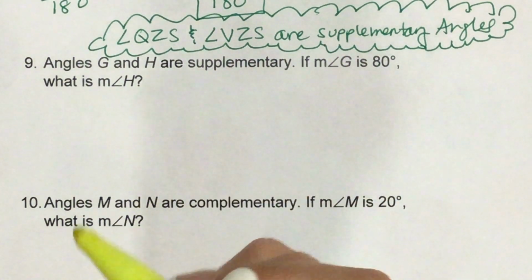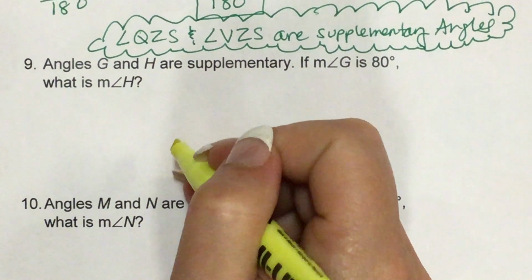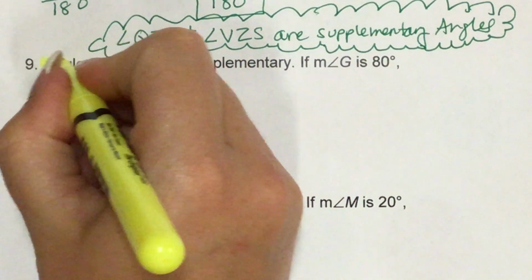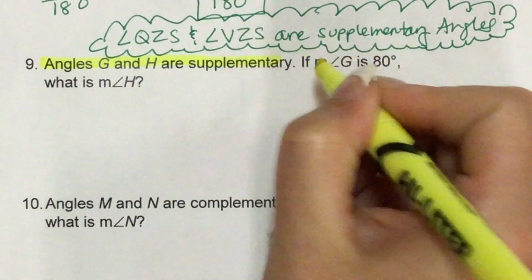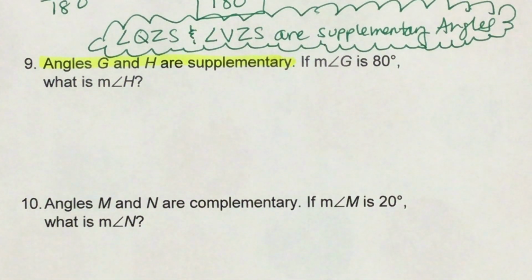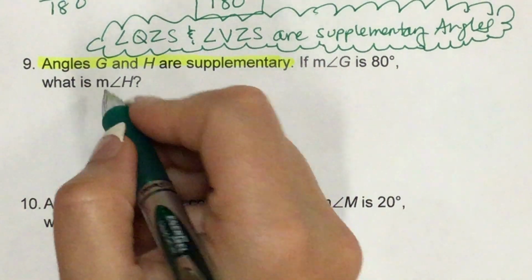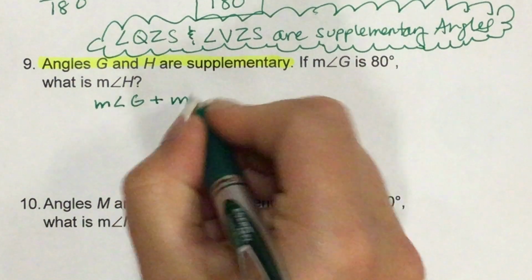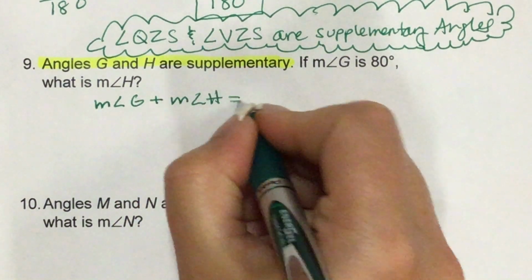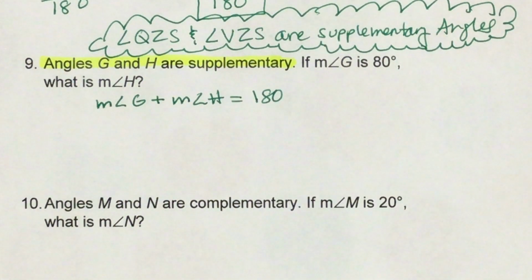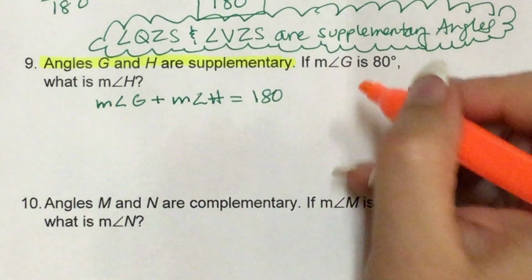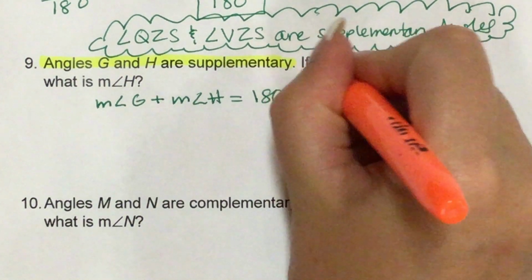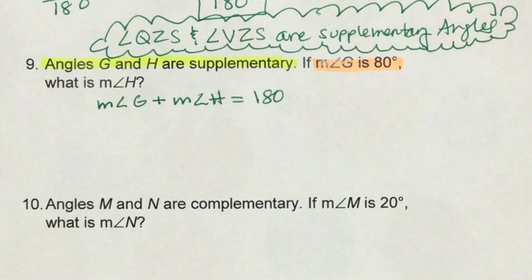Looking at problem 9, the equation is right here. Angles G and H are supplementary. That means that you can write the equation, the measure of angle G plus the measure of angle H equals 180 degrees. The second piece of information they tell us is that the measure of angle G is equal to 80 degrees.